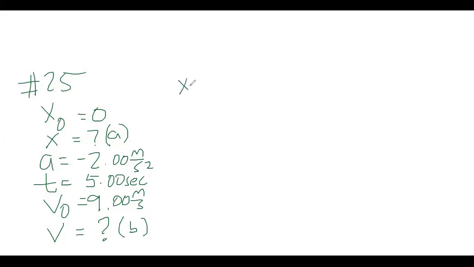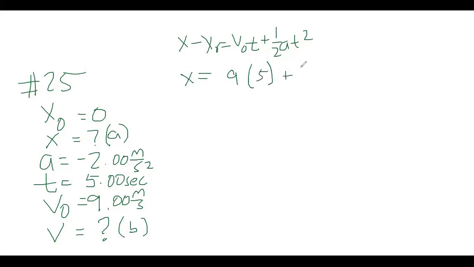Did you get this one? I hope so. We want to solve for X. So we come up here. We know X naught is 0, so X minus 0, we can just take that out, equals 9 times 5 plus 1/2 times -2 times 5 squared.